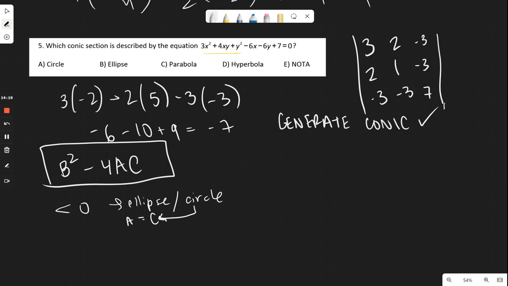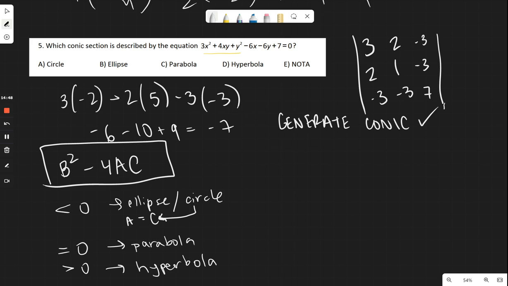Unless there's an xy term, then it's not a circle, it's an ellipse. And if b squared minus 4ac is equal to 0, then it is a parabola. And if it's greater than 0, there's really only one left, right? It's a hyperbola.